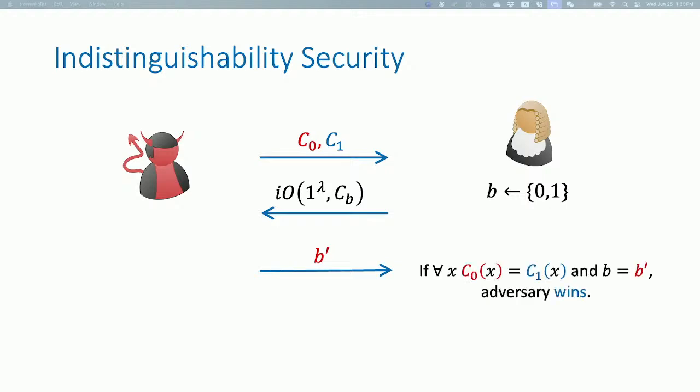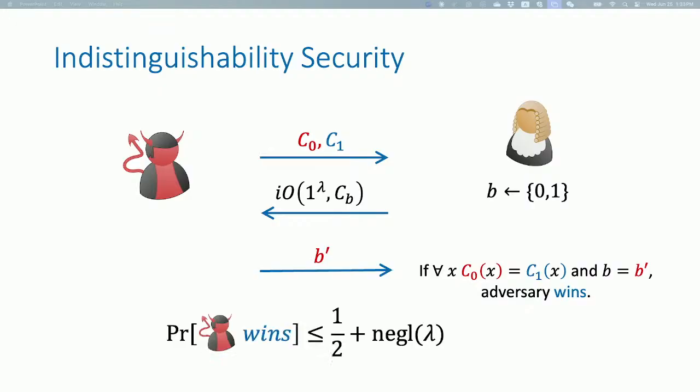In the end, the challenger verifies that these two programs, C0 and C1, are really functionally equivalent by enumerating all possible inputs and checking if C0 and C1 really produce the same output, and also if the guessing bit b prime is correct. And if this is the case, then it declares the adversary wins the game.